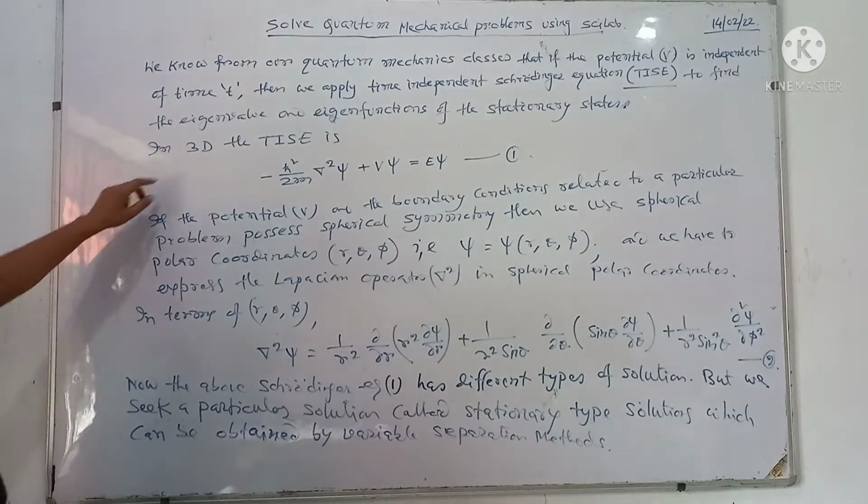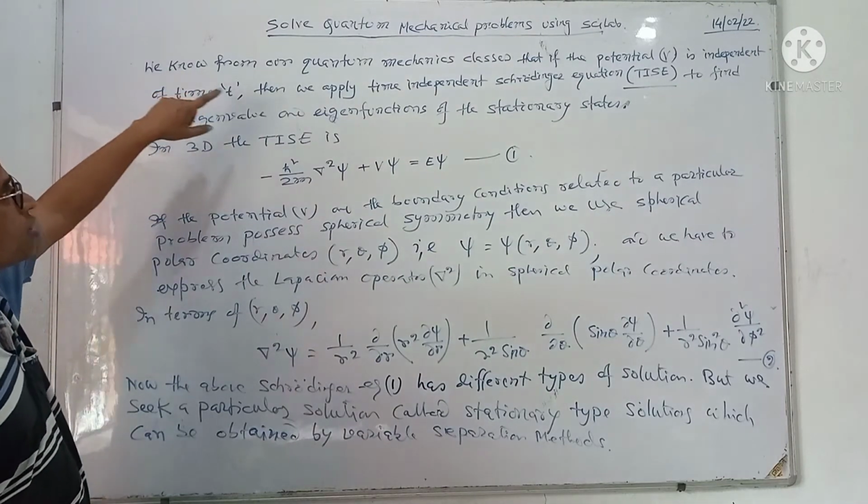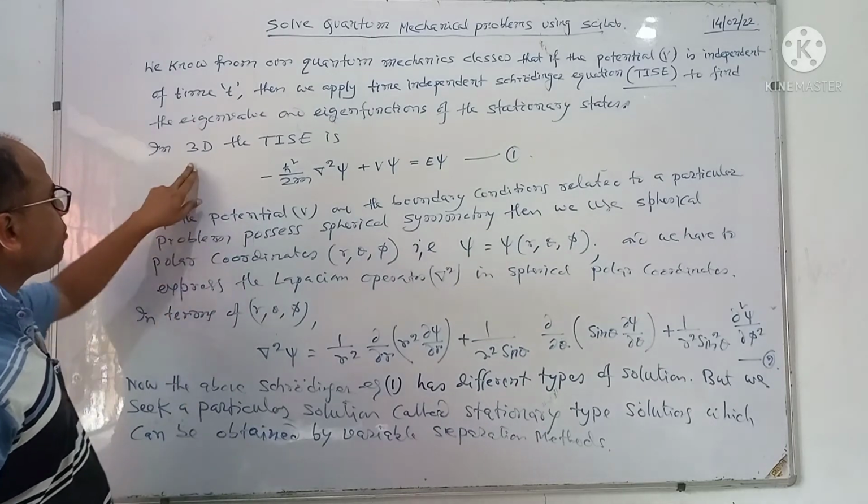Okay. Now, in 3 dimensions, the fundamental equation of quantum mechanics is the Schrodinger equation.